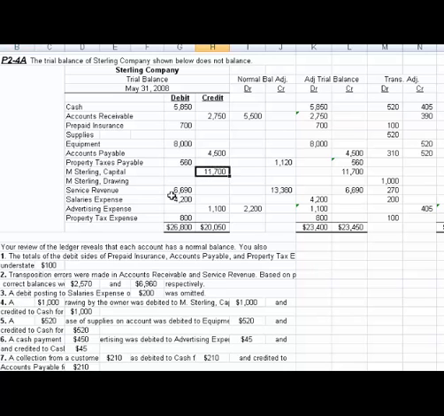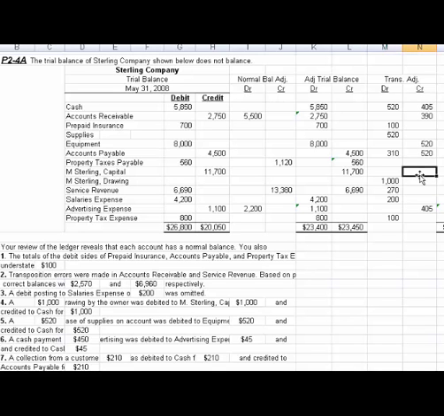We started off with 11,700, and it said a $1,000 drawing by the owner was debited to M. Sterling, Capital and credited to cash for $1,000. Now, we already put the drawing in for $1,000. The credit to cash was correct, but we need to make sure that the debit to drawing was offset.